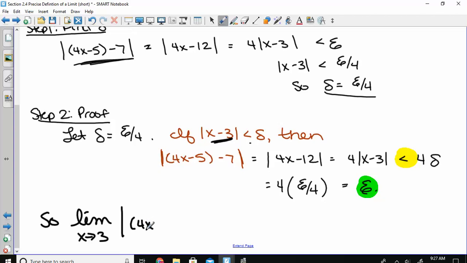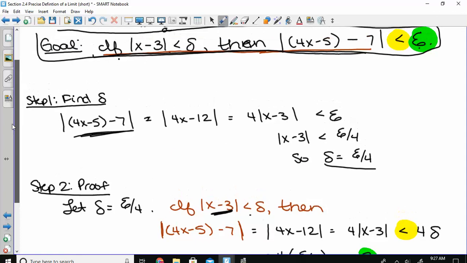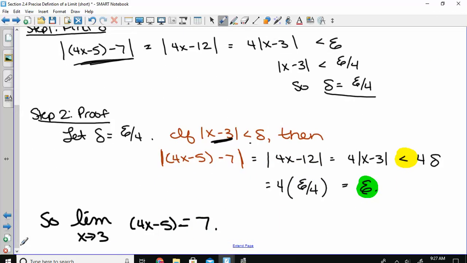So that means the limit as x approaches 3 of 4x minus 5 equals 7. I know it seems really strange because we're kind of doing the same thing twice.